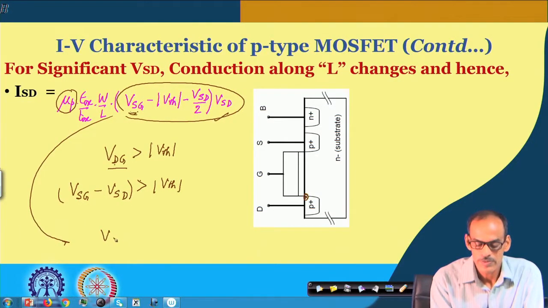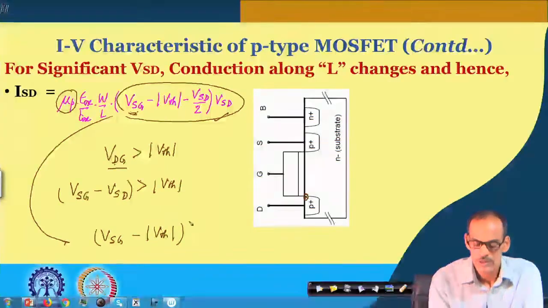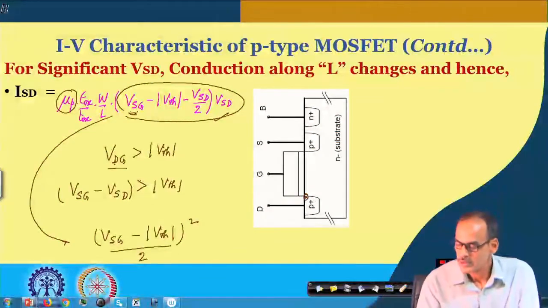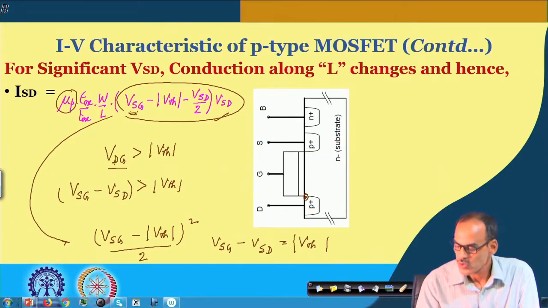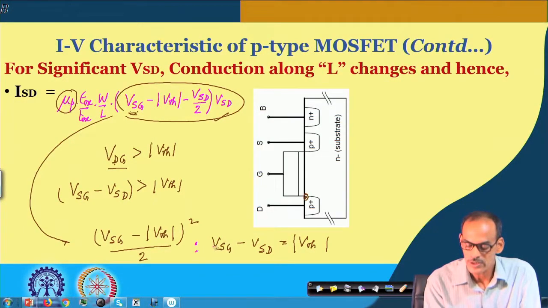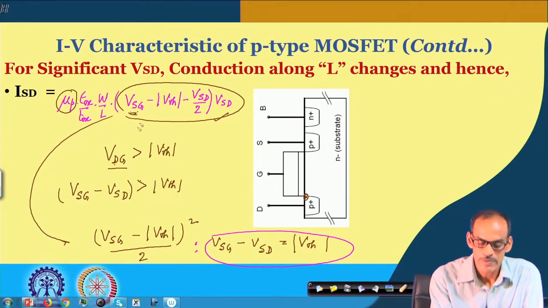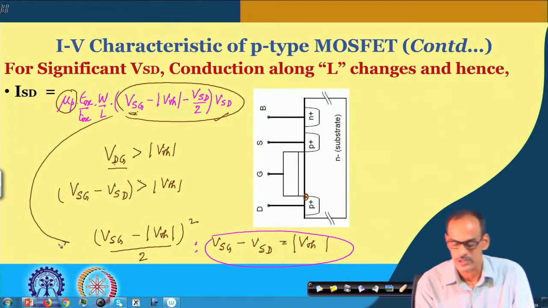This becomes VSG minus VTH whole square by 2, particularly when VSG minus VSD is equal to VTH. Under this condition, we can write that this part is like this and the rest of the things are coming there.